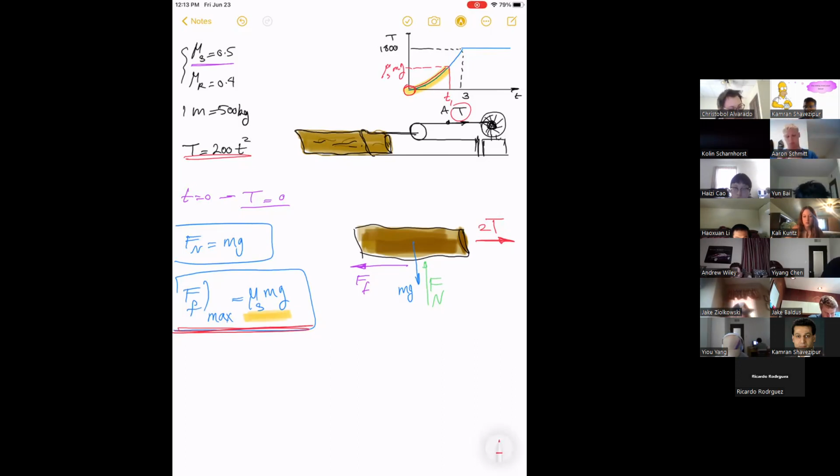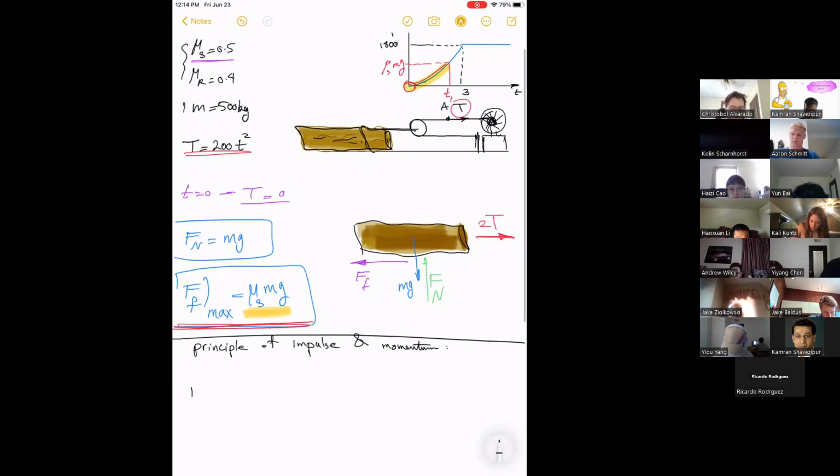Now, because we talk about time and initial and final moments, the equation we use is the principle of impulse and momentum. mv1, and because everything is in the x direction, I don't have to use vectors.